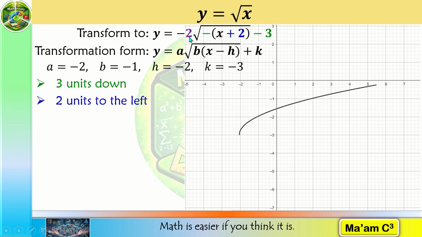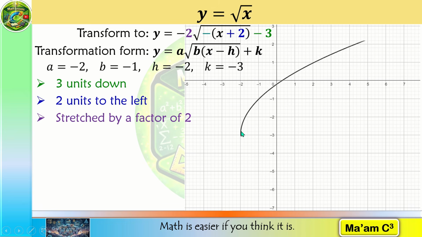And this 2 here will vertically stretch our graph by a factor of 2. Let's do that. So the graph becomes steeper. It was vertically stretched. While this negative here will reflect our graph over the x-axis.